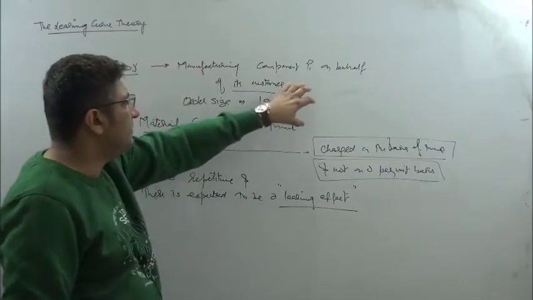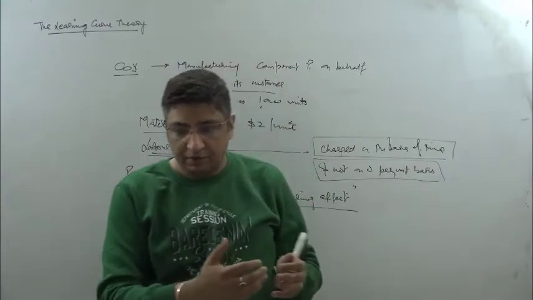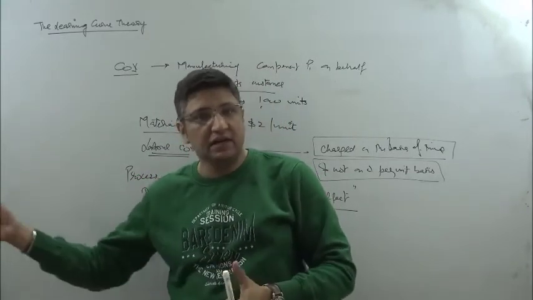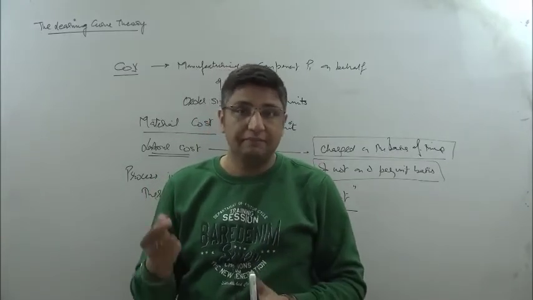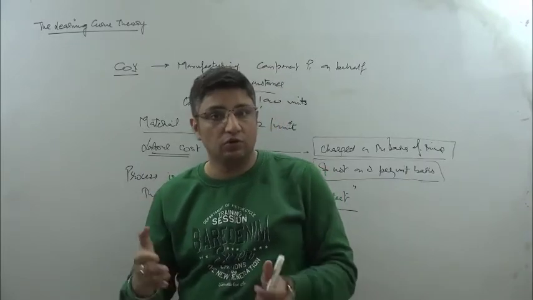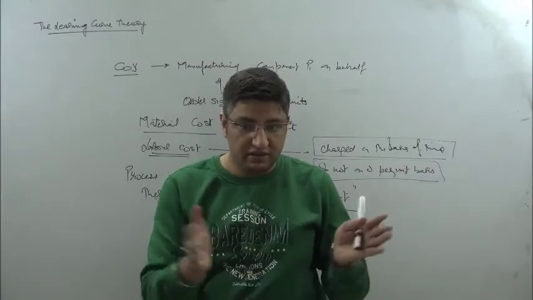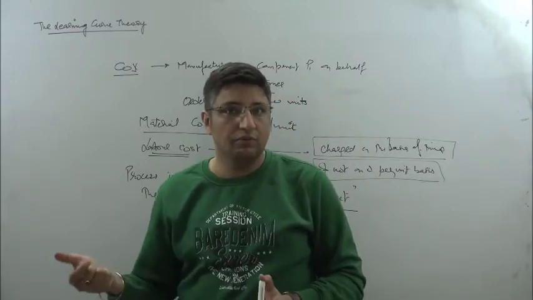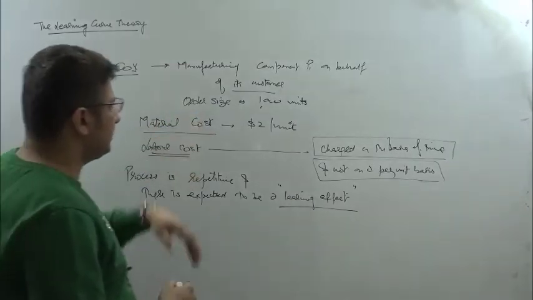So the time you take to produce the first unit would probably be higher than the time you take to produce the second and subsequent units. But having said that, there would always be a minimum time that you need to make a particular component. So even after you have achieved the learning entirely, you still require some time to make the goods.